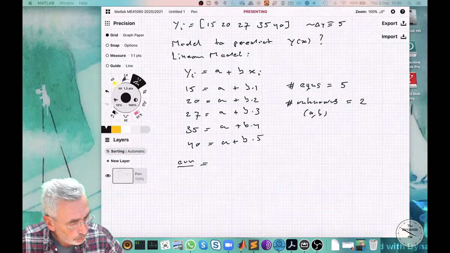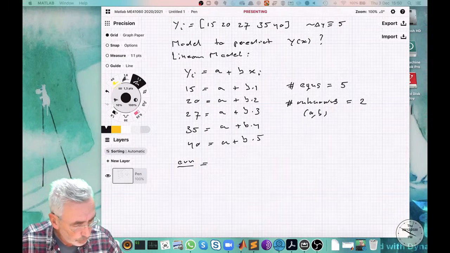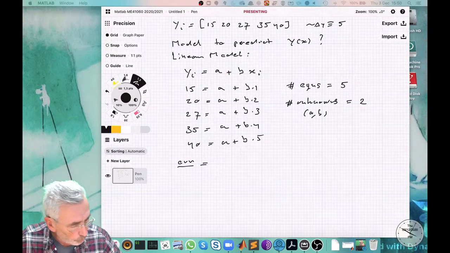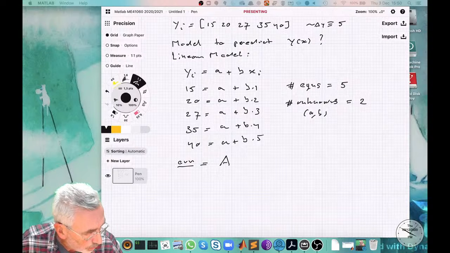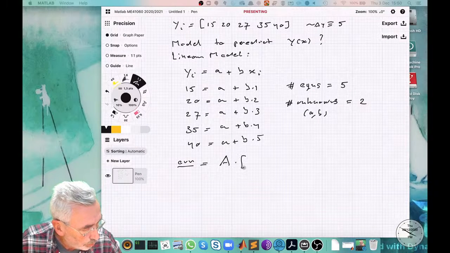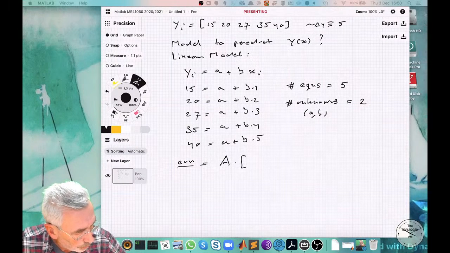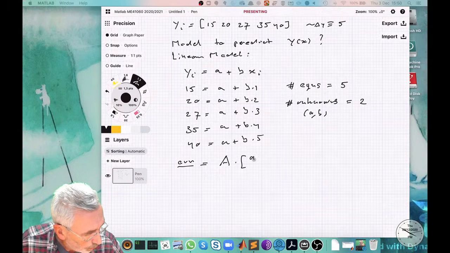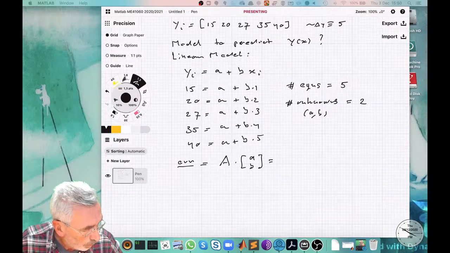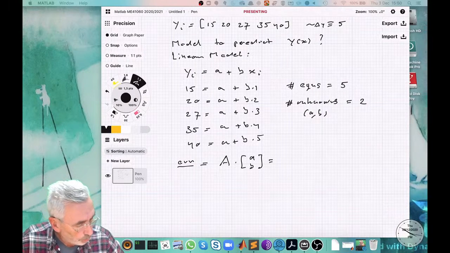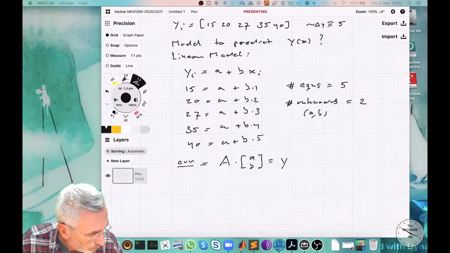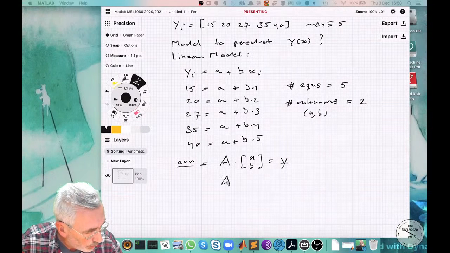All these linear function values we can write as a matrix A times these two coefficients, let's give them a and b, and that equals our output, our y vector. In other words, A times these coefficients C is this y.